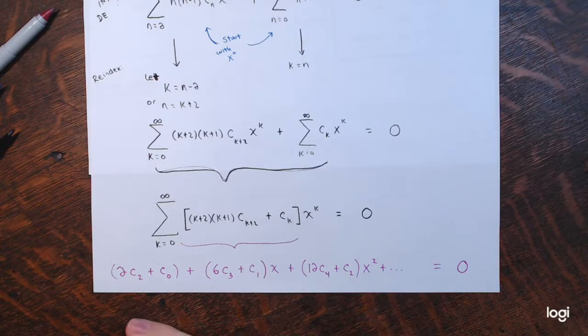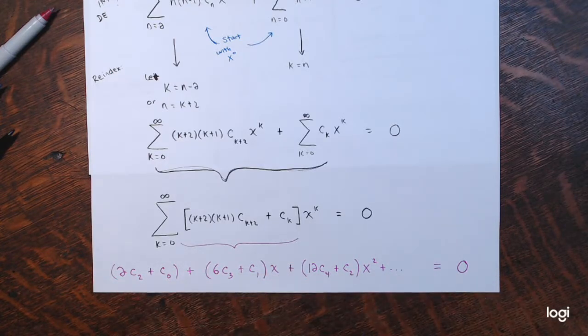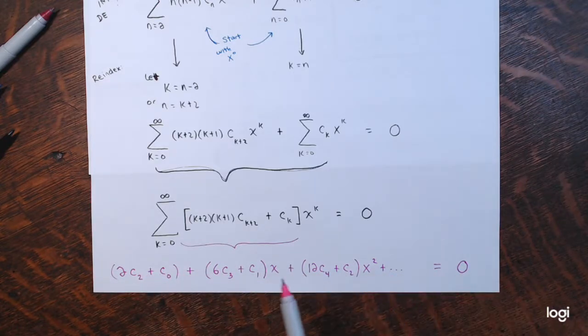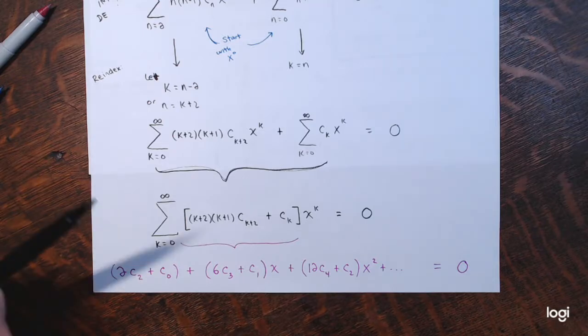And if you recall from previous videos, the only way this is going to be true for all x, the only way this is going to be an identity, a true statement, the only way a polynomial is 0 all the time is if all the coefficients are 0. That's the only way this is going to be an identity true for all x.